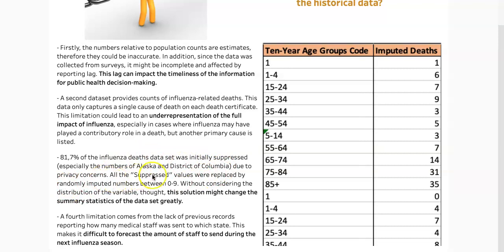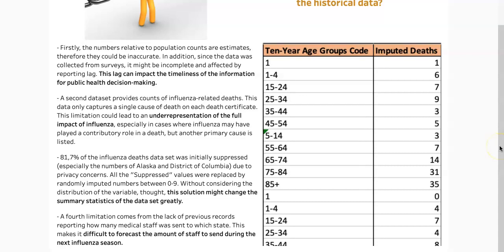Therefore, all the suppressed values were randomly imputed, possibly leading to an alteration of the dataset's summary statistics and consequently to quite some considerable inaccuracies. Finally, there is a fourth limitation in forecasting the required medical staff for the upcoming influenza season due to a lack of historical records detailing how many staff were sent to each state in the previous seasons.